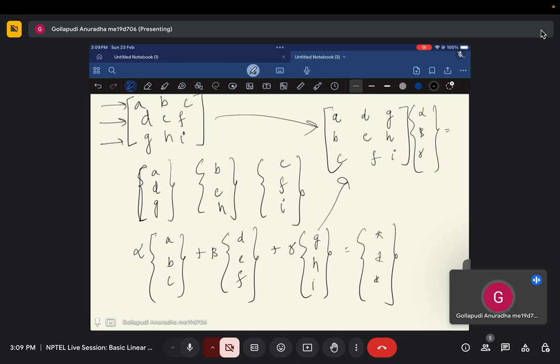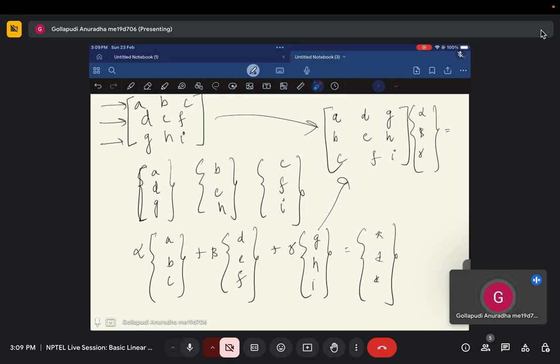As it was mentioned that this is a full rank matrix, this is also going to be a full rank matrix, because the determinant is going to be non-zero for this as well, if I expand along this row and along this column. So the determinant will be non-zero.